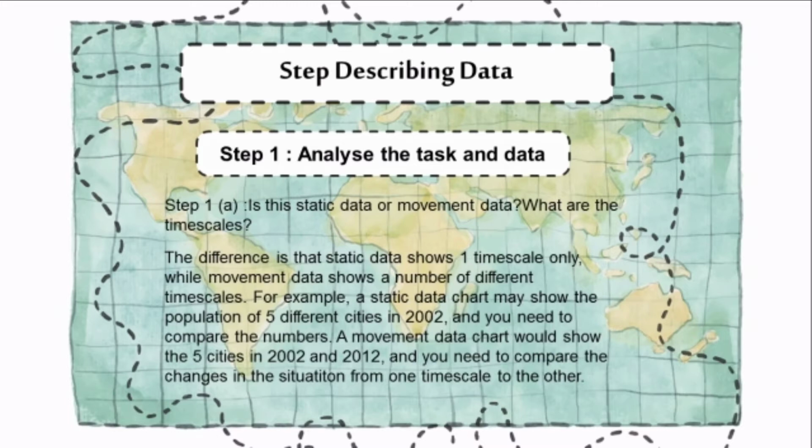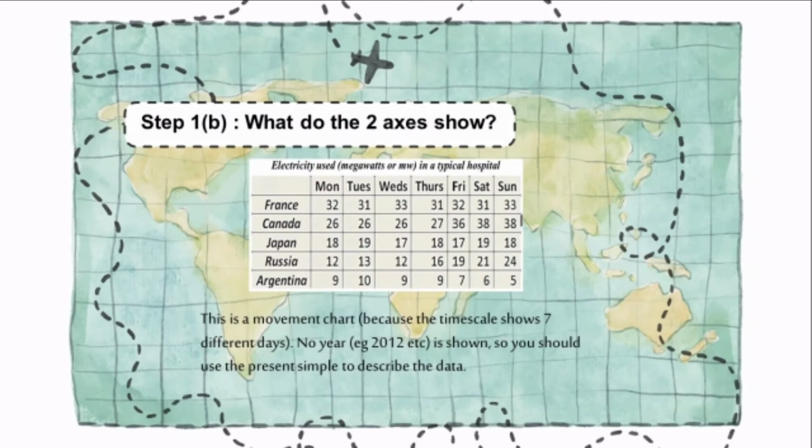For example, a static data chart might show the population of 5 different cities in 2002, and you need to compare the numbers. A movement data chart would show the 5 cities in 2002 and 2012, and you need to compare the change in the situation from one time scale to the other. Step 1, Part B. What do the two axes show?